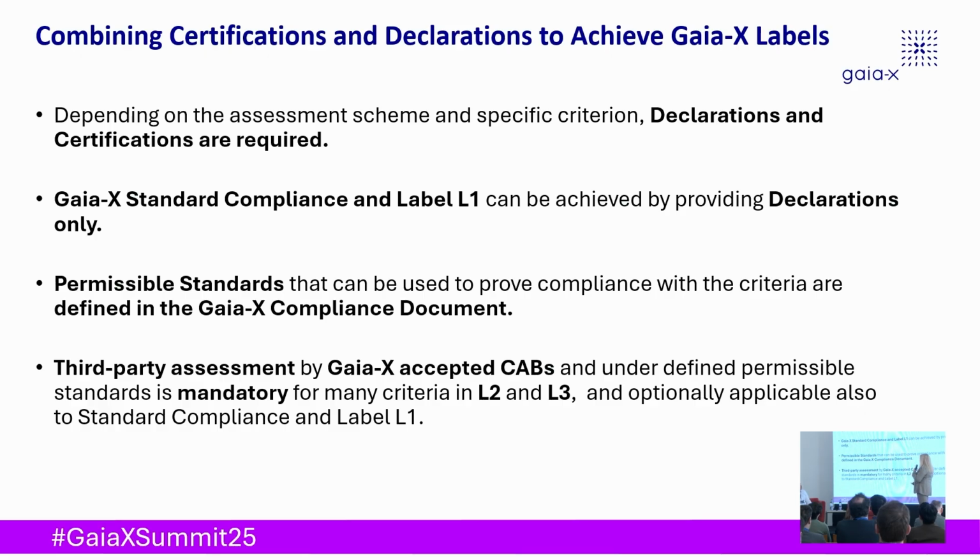These declarations are self-signed, and you don't have to provide more. So you have to use the ontology, you have to provide the claims as requested, you provide verifiable credentials, you collect them, and you can achieve standard compliance at level 1 if everything is correct.